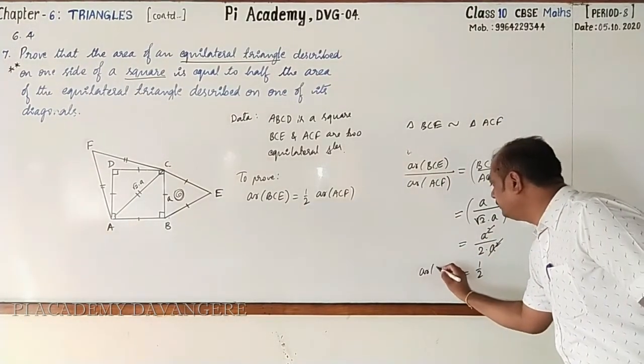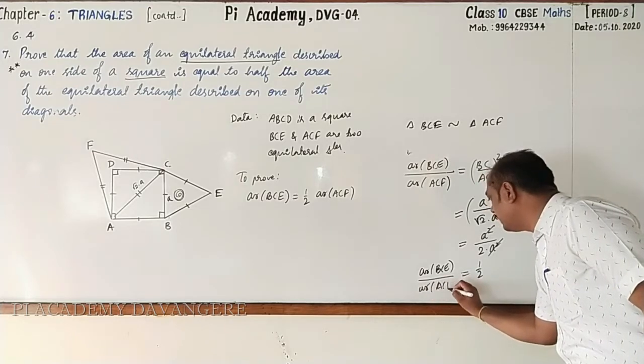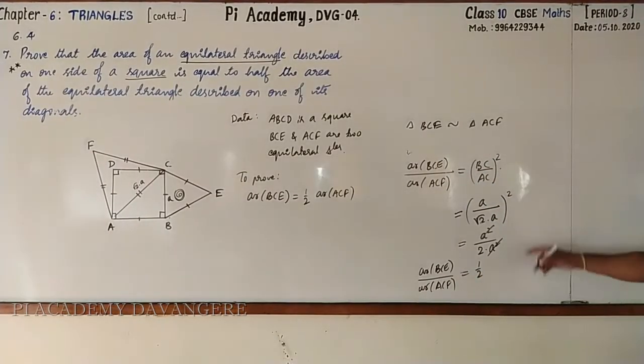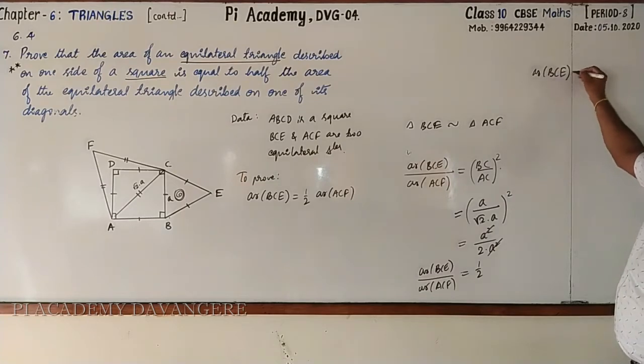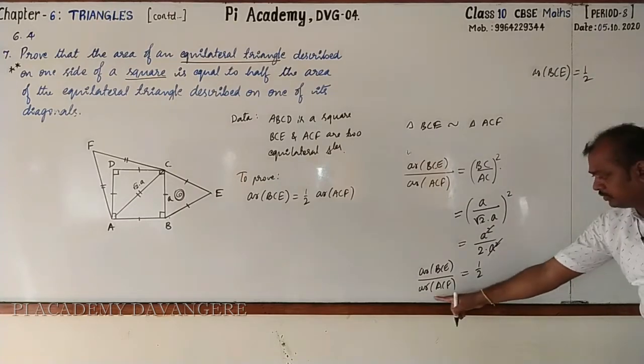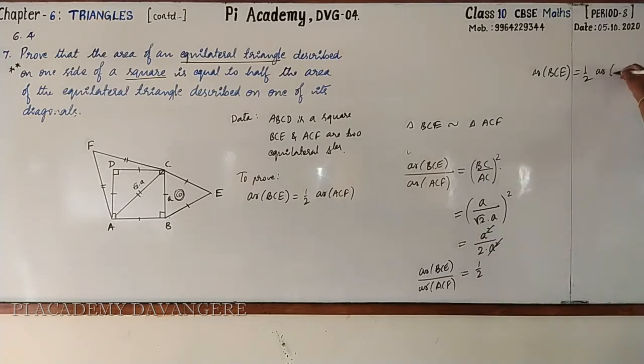Area of BCE by area of ACF is equal to 1 by 2. This can be rewritten as area of BCE is equal to half into area of ACF, I am cross multiplying. See that the statement is proved.